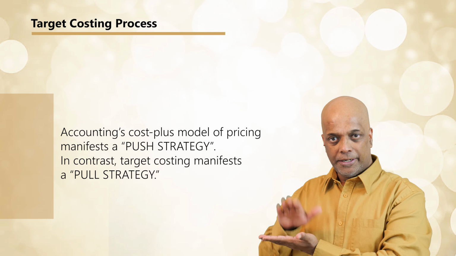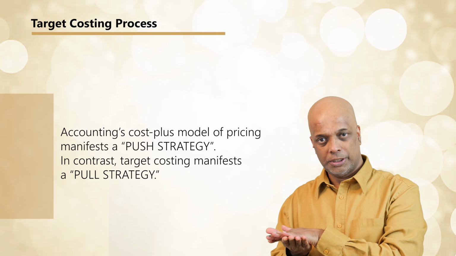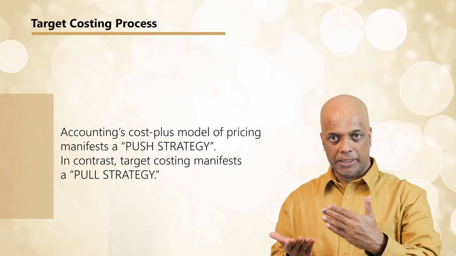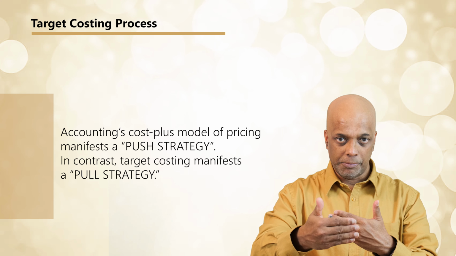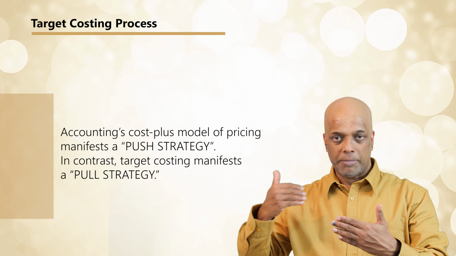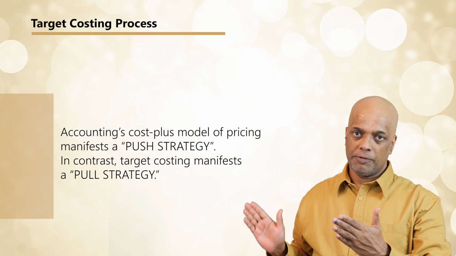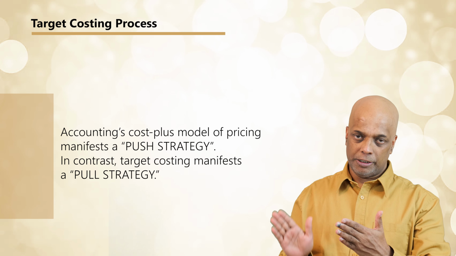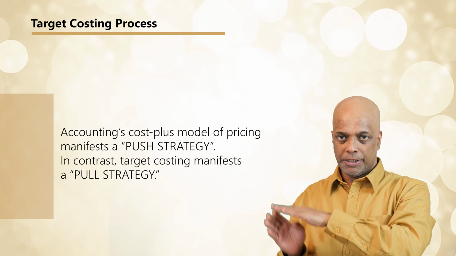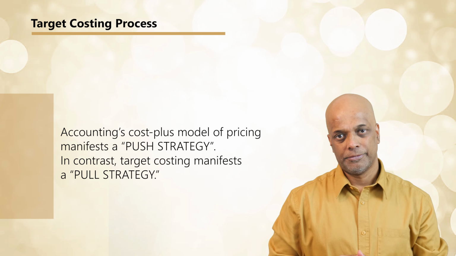And then we add a target profit onto the cost to determine the price. And then we charge and demand our customers to pay that price. So that manifests a push strategy: starting from the factory, calculating the cost, adding a profit, and then pushing it onto the customer.